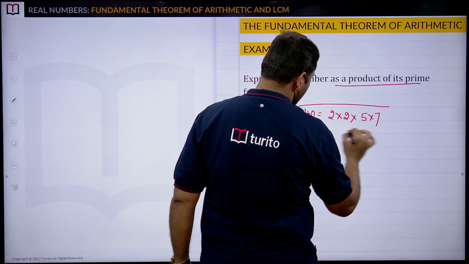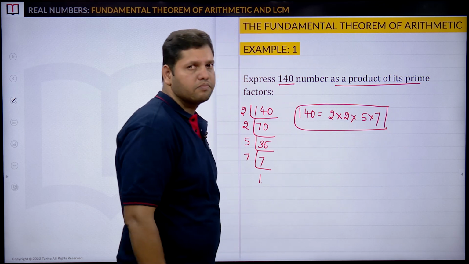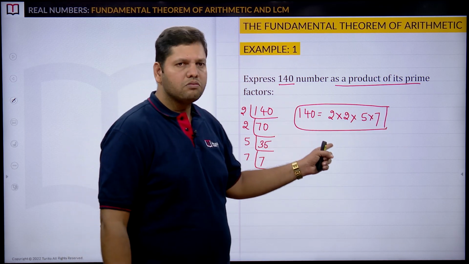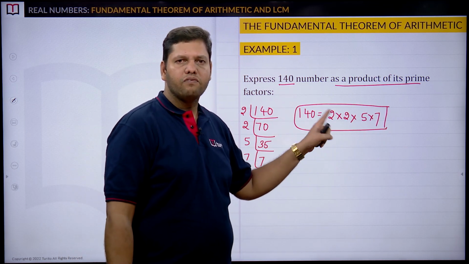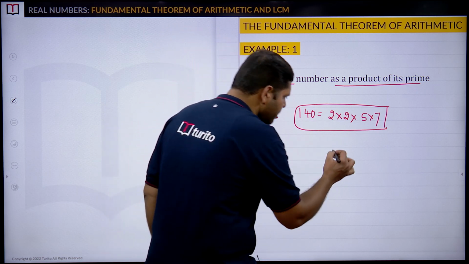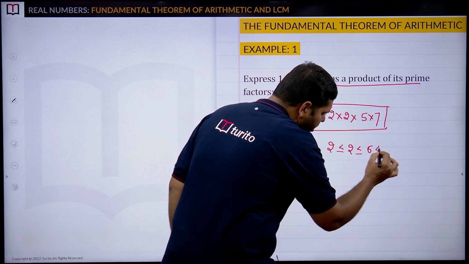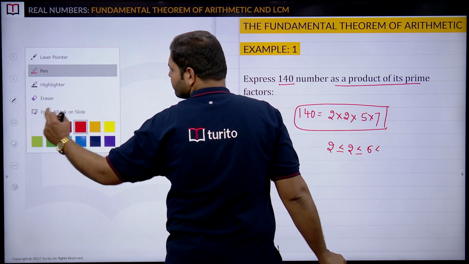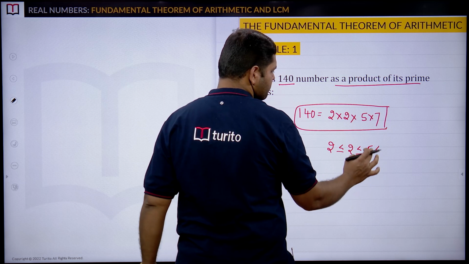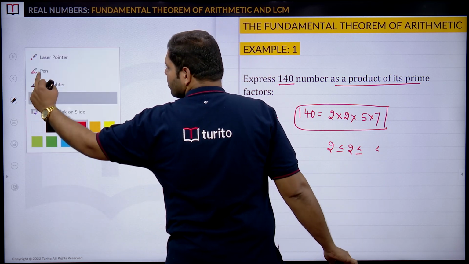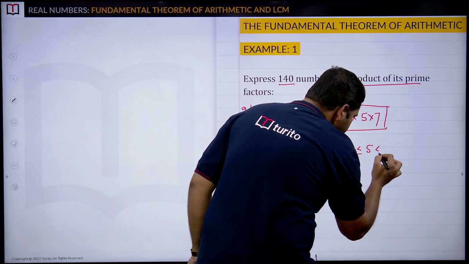See, children, I am writing all the factors in ascending order. The first factor is 2, again repeating 2, then 5, then 7. So this we can write as 2 less than or equal to 2 less than or equal to 5 less than or equal to 7.